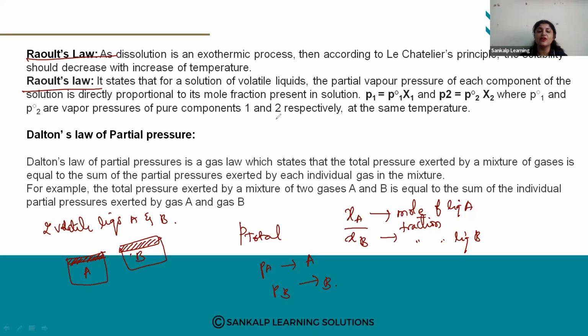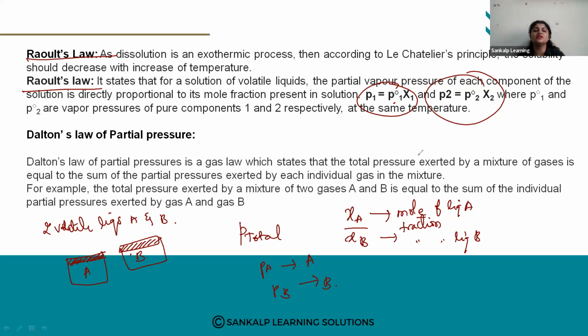Or it can also be given as: for a solution of volatile liquids, the partial pressure of each component in the solution is equal to the product of its mole fraction in the solution and the vapor pressure of its pure component at the same temperature.